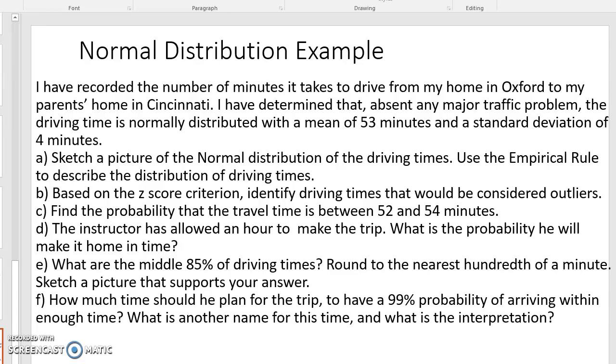Part F, how much time should I plan for the trip, to have a 99% probability of arriving within enough time? What's another name for this time, and what's the interpretation?